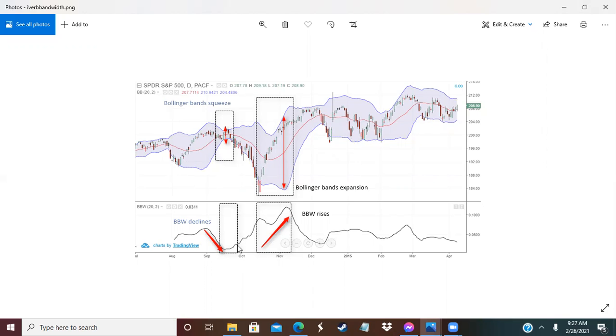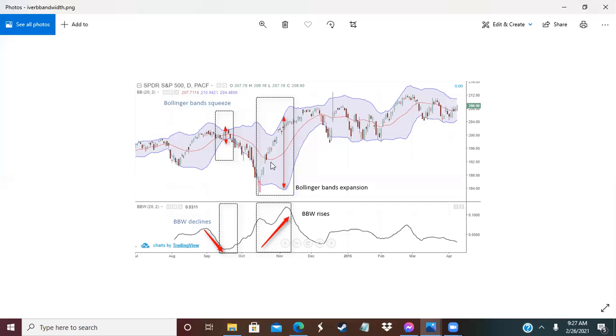And then you see the Bollinger Bandwidth will rise as that squeeze is done. It doesn't matter whether the price of the stock went down or went up, the Bollinger Bandwidth is always going to go up. That just indicates that the squeeze part is over. So that's what you look for as a strategy with the Bollinger Bandwidth.